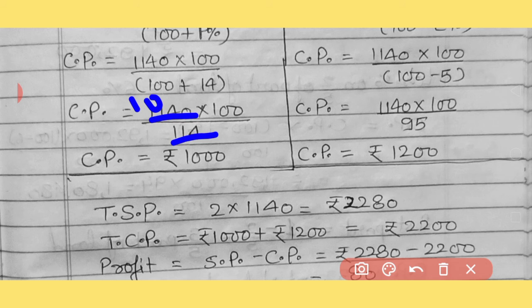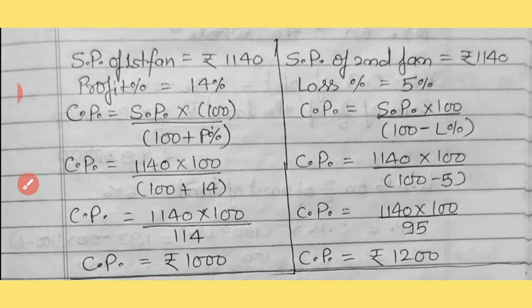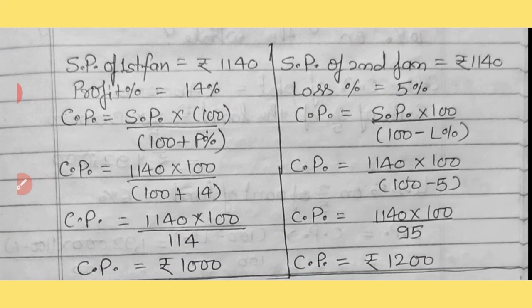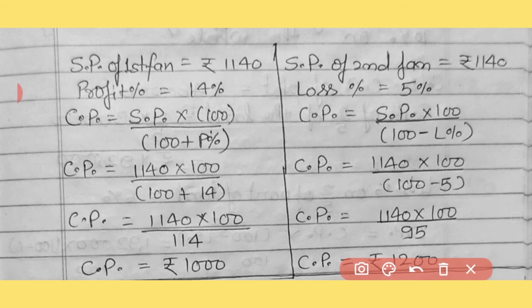So 10 multiplying with 100 becomes 1000. It means the cost price of the first object was rupees 1000. Now we have to find out the cost price of the second object. The SP of the second fan is given 1140 rupees also, but he is getting a loss of 5%.